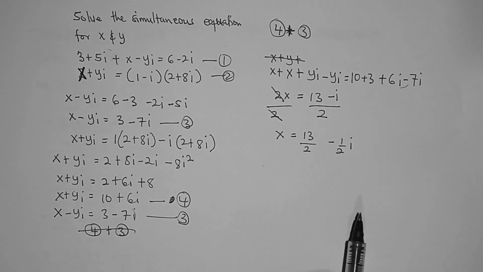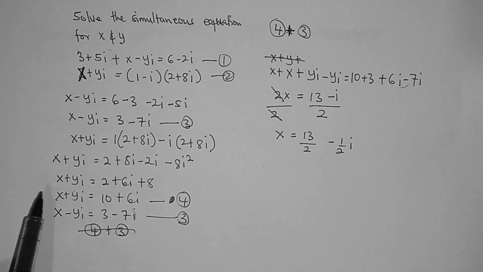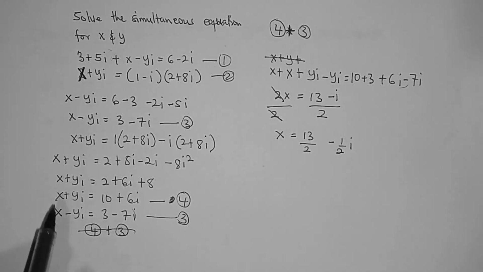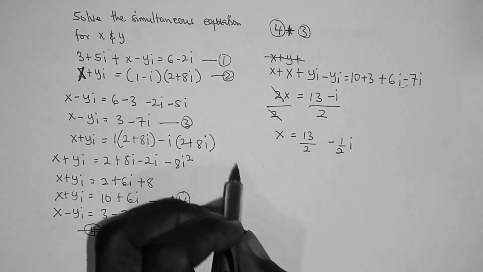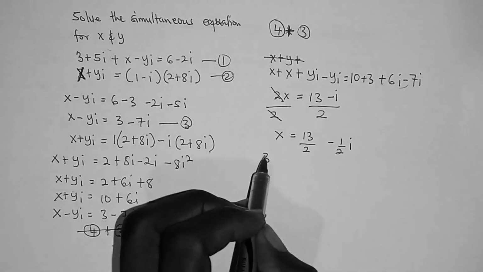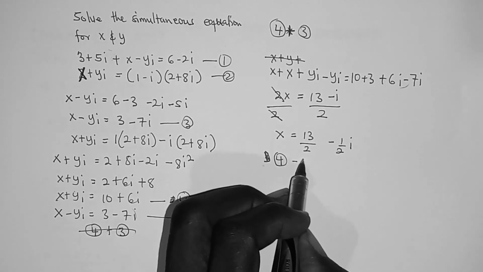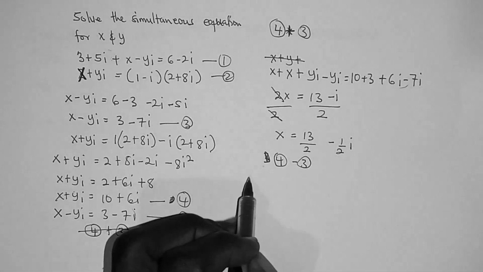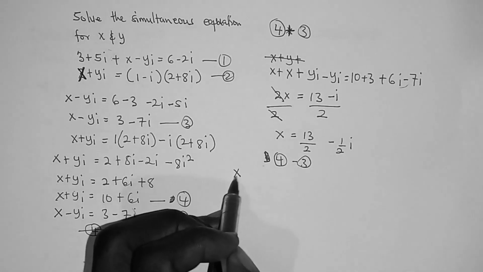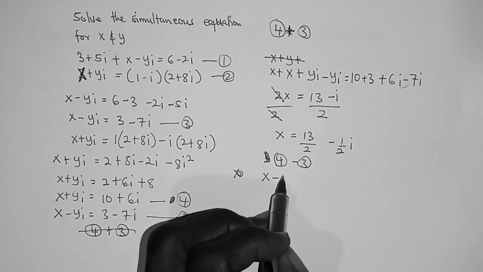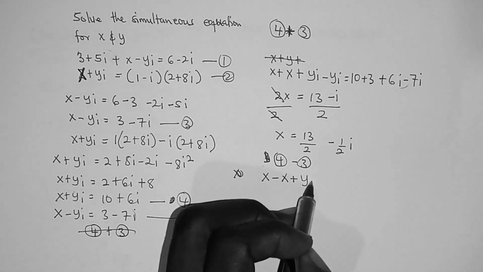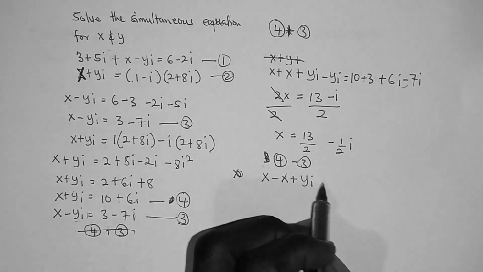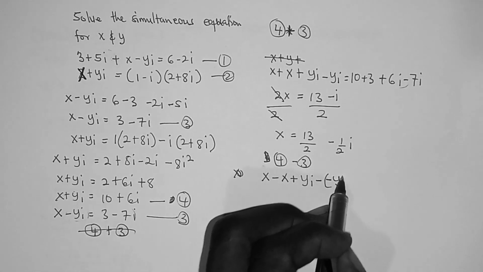Let's look for y. Now what we can do is subtract equation 3 from equation 4 so that x and x will go away. So let's do equation 4 minus equation 3. It becomes x minus x, then plus yi, then minus minus yi.